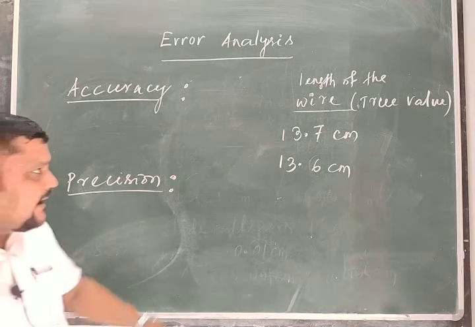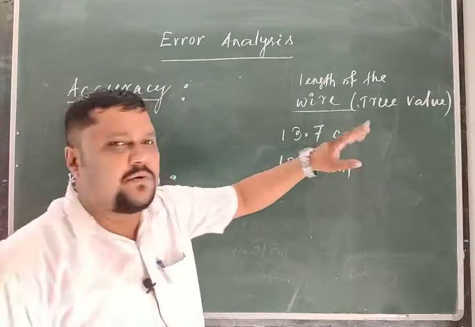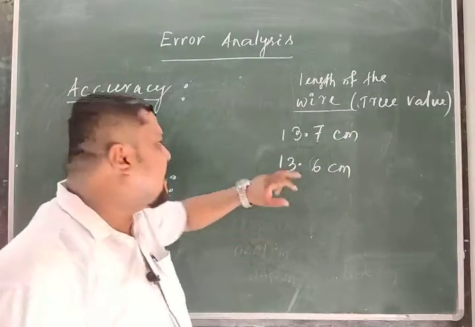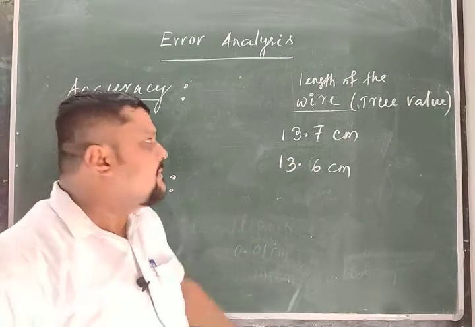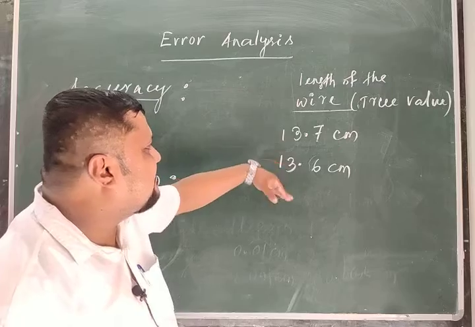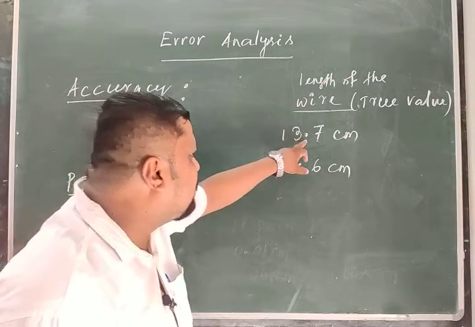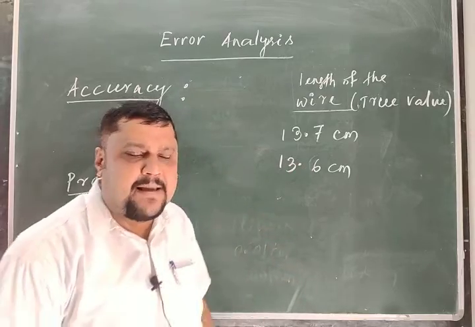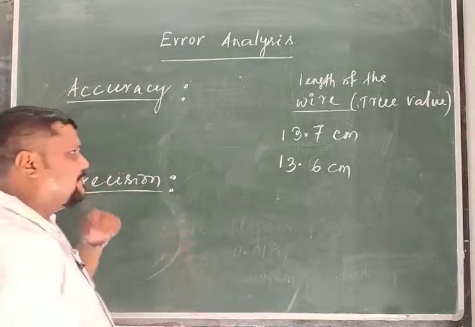Here you see this is the measured value, but this is the true value, the exact value. Then we can say that there is some difference between the true value and the measured value. Now we come to another example.